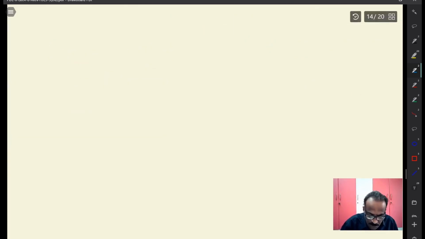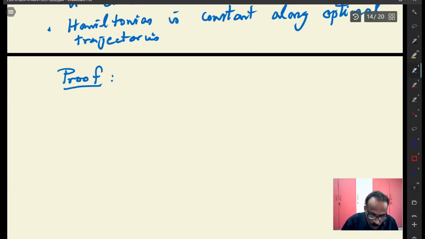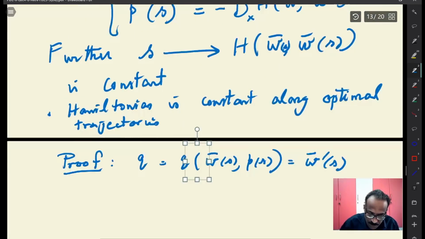So the proof is not that difficult, so maybe I will give a quick proof, but I want to do something more here today. The proof is fine because by definition, q is obtained by solving this: P of S is obtained by nothing but the definition of this one, and this is nothing but W prime of S. So q is obtained by solving it.